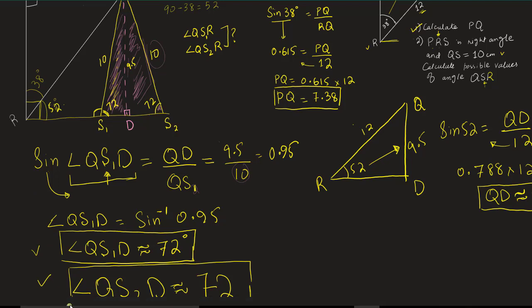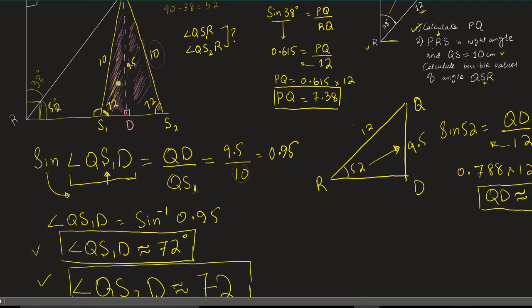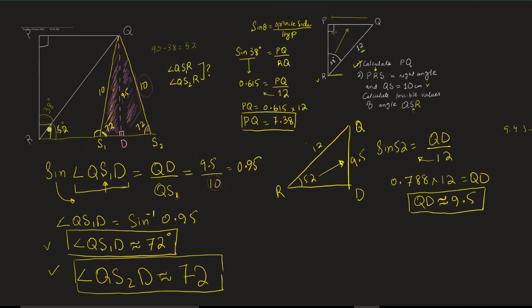Now let's split this new triangle, PRS, or you can say QRS, into two parts. QRS1, and the other part is something like this, QRS2.